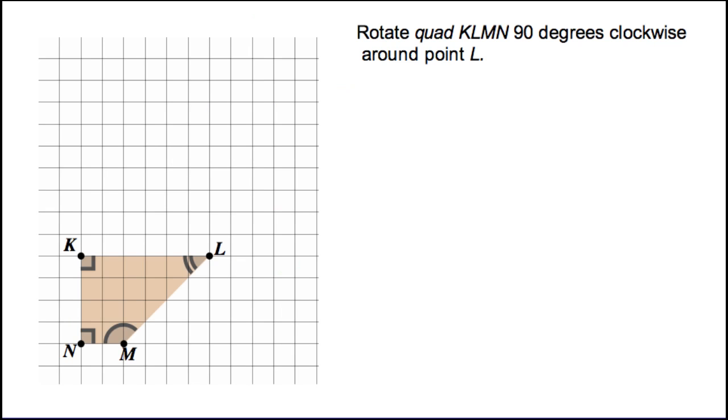The final type of transformation that we're going to look at is what is known as a rotation, and sometimes this is referred to as a turn. Now these tend to be the more complicated ones because there's lots of information you need to know. The first thing you need to know is how far you are going to rotate your object.